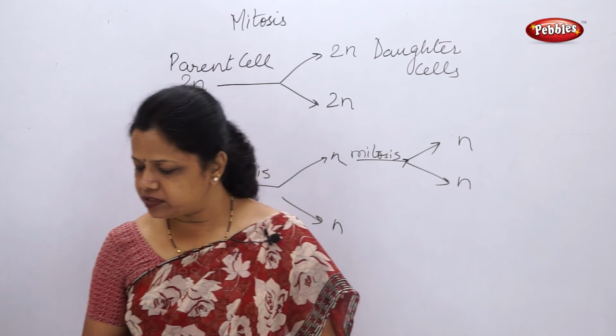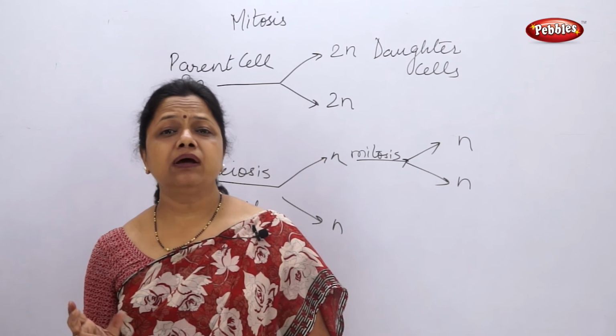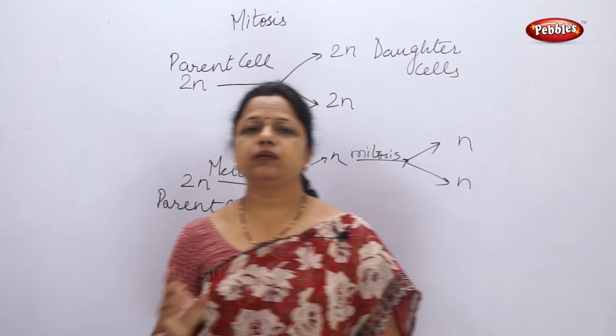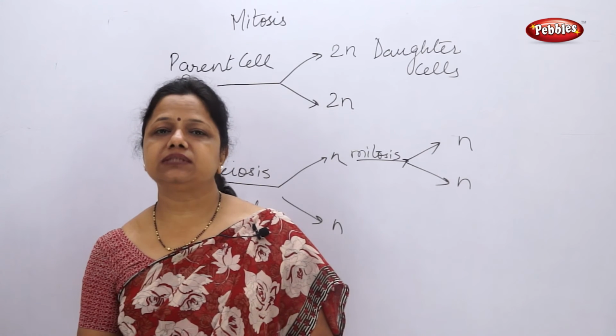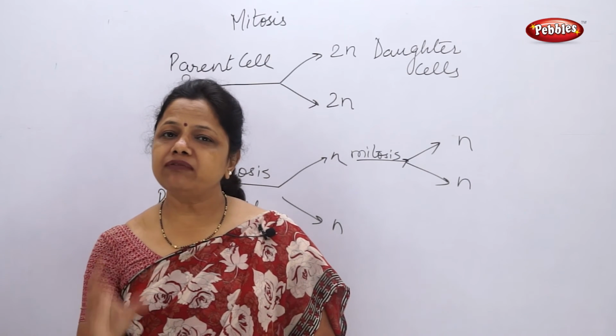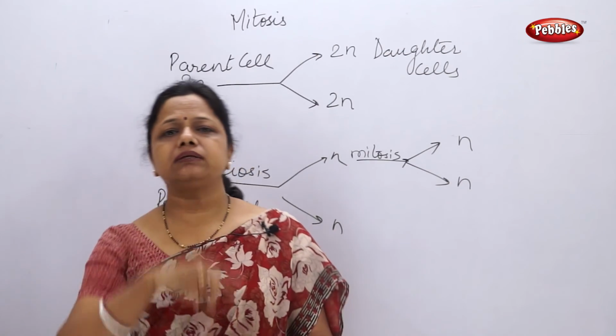In which type of fission does cyst formation take place? If you remember, in multiple fission, cyst formation takes place, where the unfavorable condition makes the amoeba form a cyst around it.